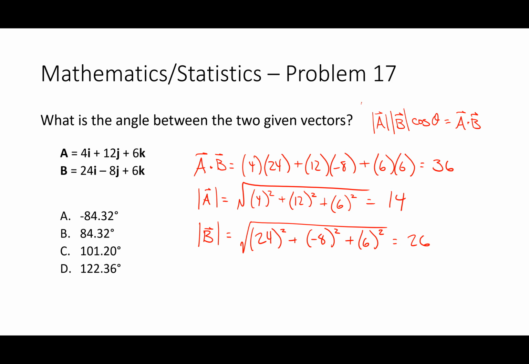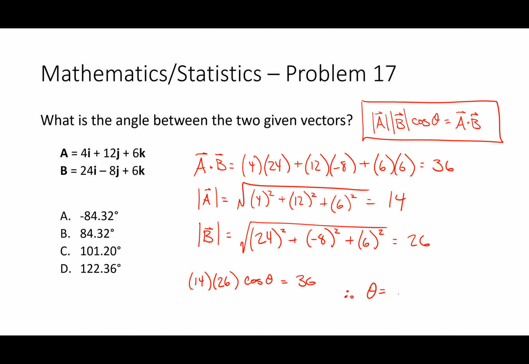And so if I go back to this expression, 14 times 26 times the cosine of an angle is 36. So theta is going to be the inverse cosine of 36 over 14 times 26.